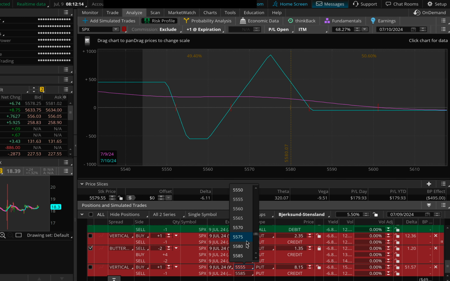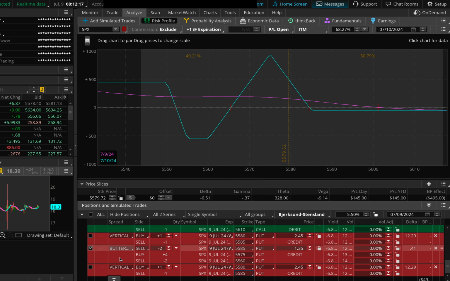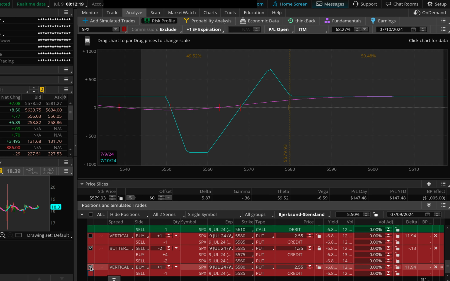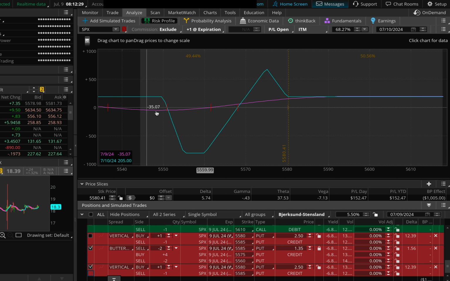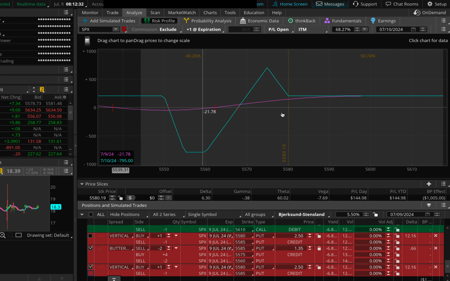So I'm just rolling that upper wing up a strike. That would give us something like that. So now we can make up to 215-ish. 200 in here. That's not too bad. If it crashes to 0, we can make 220.